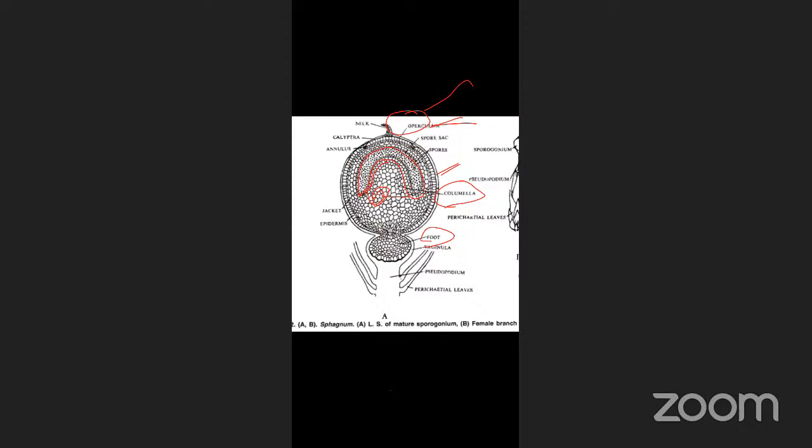The gametophyte has both sex organs, antheridia and archegonia, and also vegetative structures like gemma cups. It has chloroplasts, so it performs photosynthesis and prepares its own food. Rhizoids are present for anchorage and attachment to the substrate.